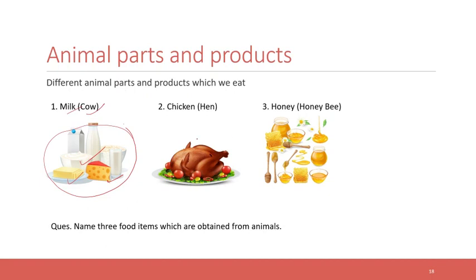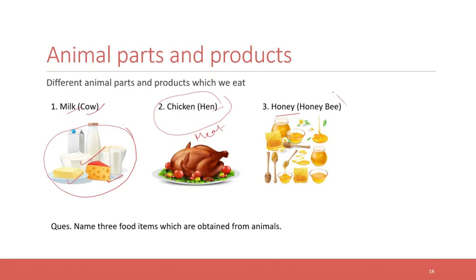We also eat meat, which we get from hen, chicken, right? So it's also an animal product. We also love to eat sweet, sweet honey, which comes from honeybees, and they are also considered in the animal kingdom.